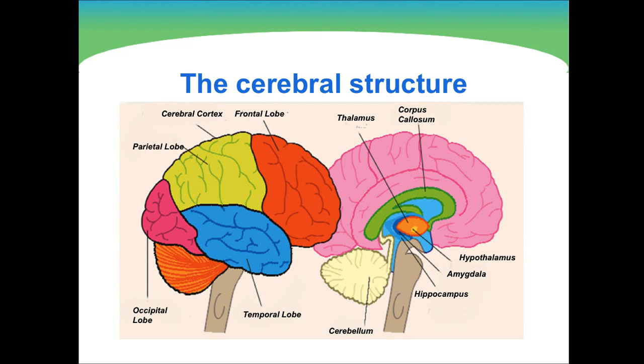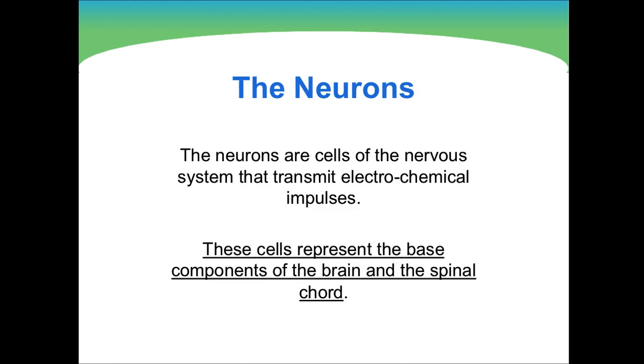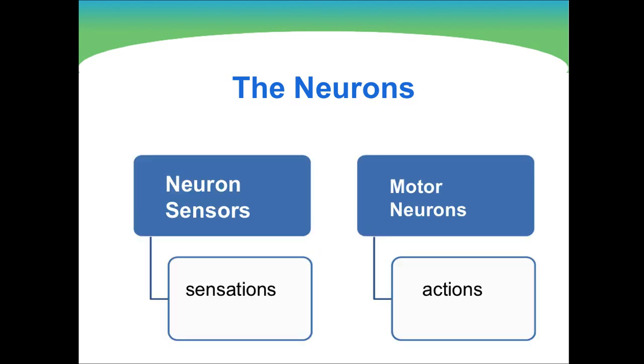The neurons are the cells inside the nervous system that transmit information through electrochemical impulses. They make up the base components of the brain and the spinal cord. Groups of neurons exist that are specialized according to their functions.